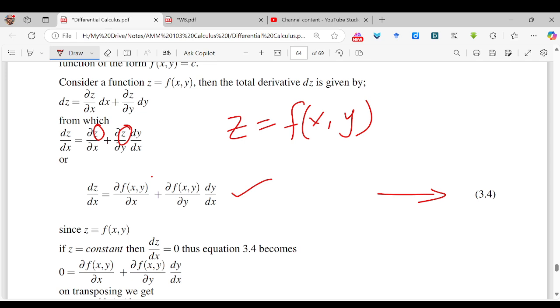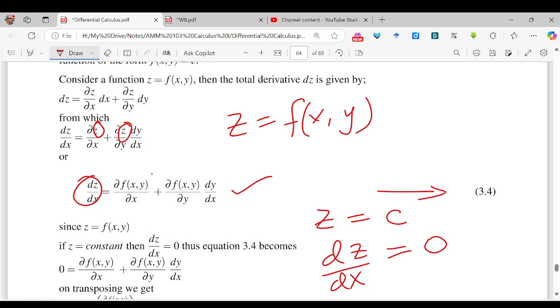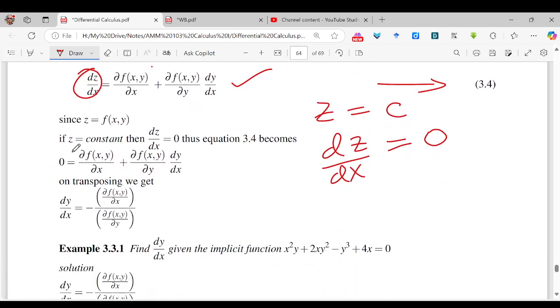Now, if we consider a special case where z is equal to a constant, then when we differentiate z with respect to x, we get 0. So from this equation, we can replace dz/dx with 0, and we get 0 is equal to the partial derivative of f with respect to x plus the partial derivative of f with respect to y times dy/dx.